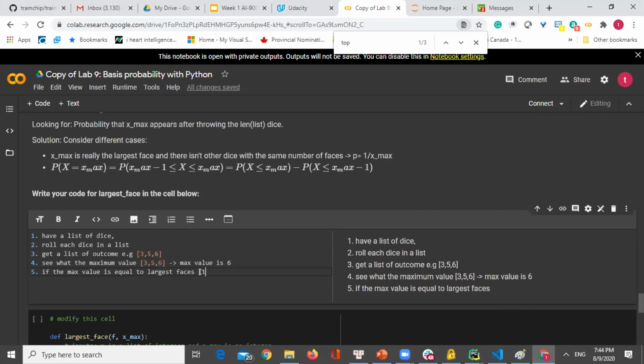For example, if this is the list of possible values that my dice can have, and if this max value is equal to this list, then my function is done, right?